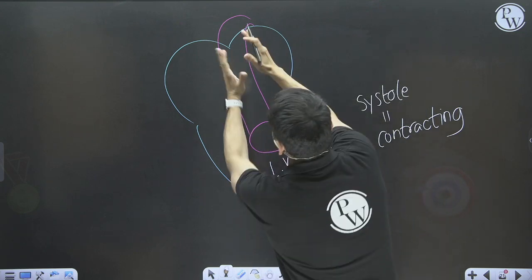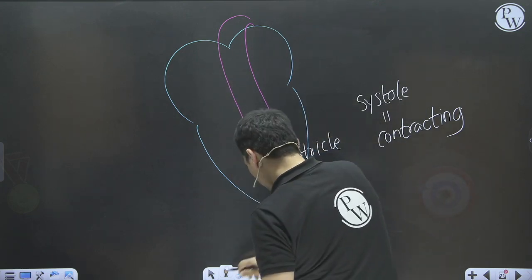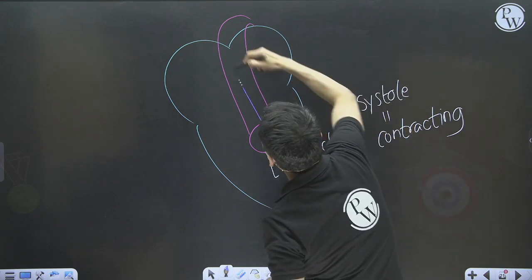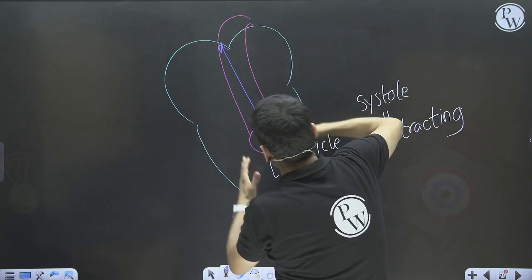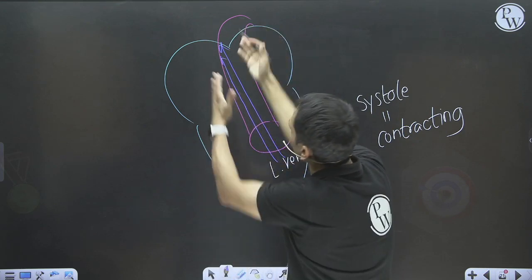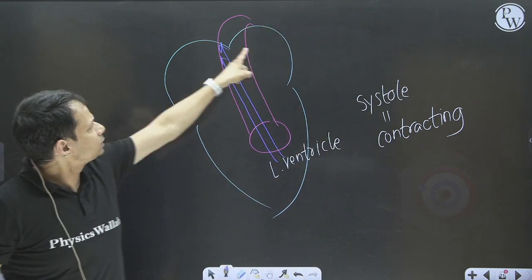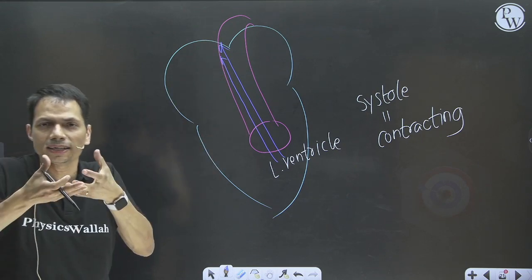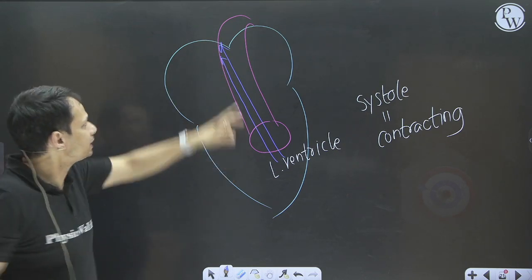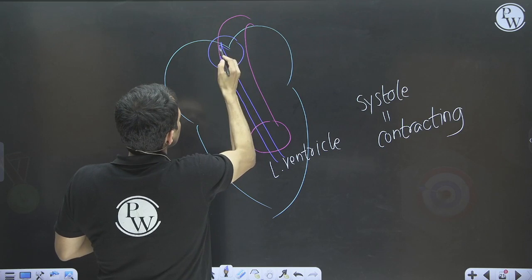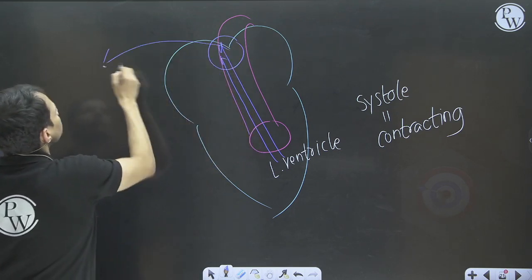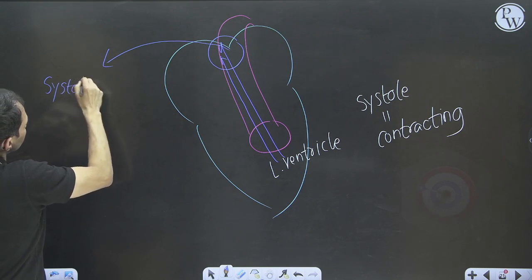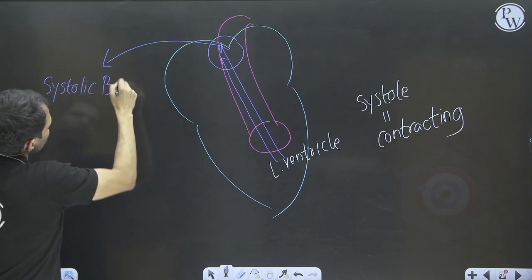When the heart is contracting, the blood is gushing and hitting the walls of the aorta, right? So the systolic pressure is felt on the wall of the aorta when the heart is in systole, or the contraction phase, okay? So the pressure here in the wall of the aorta is called the systolic blood pressure.